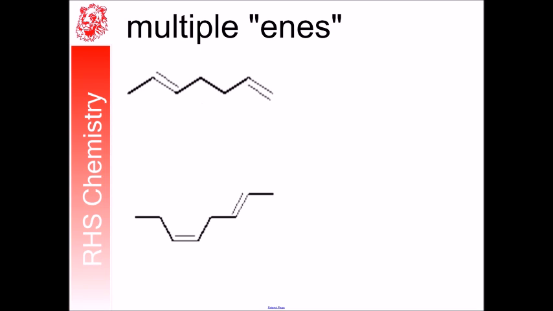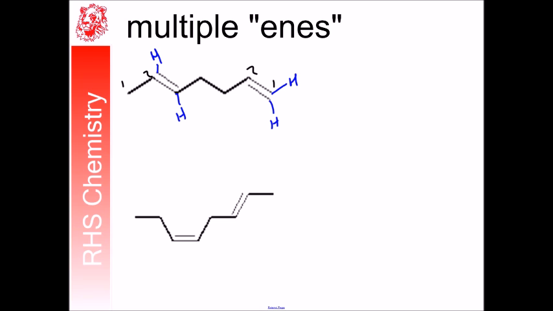Well, what happens if you have multiple enes? That's going to be fairly straightforward. We're going to put a hydrogen here, and a hydrogen there, and we'll put our other hydrogens in here just to be complete. And then we'll start numbering. If I go number 1, 2, then that double bond gets a 2. If I number from the other side, 1, 2, then it gets the smallest number, number 1.